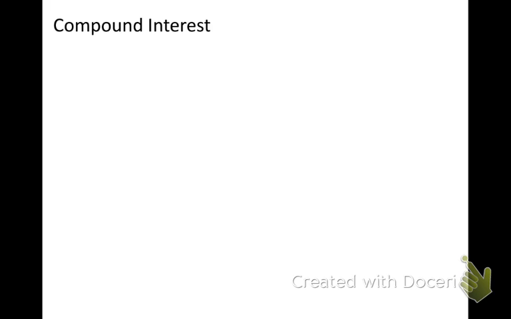All right, first thing I want to remind you of is compound interest. Now, compound interest, we actually saw back in Notes V. So make sure that you refer back to those notes if you need a refresher here.